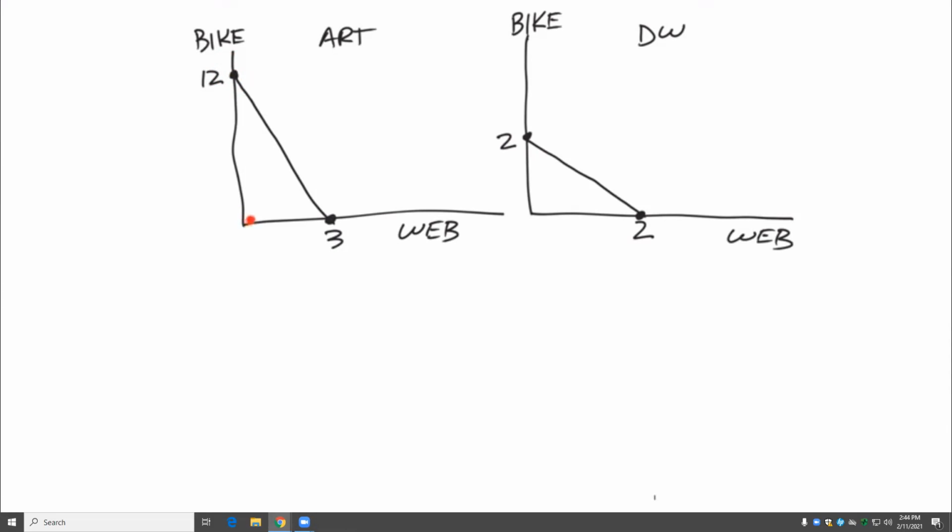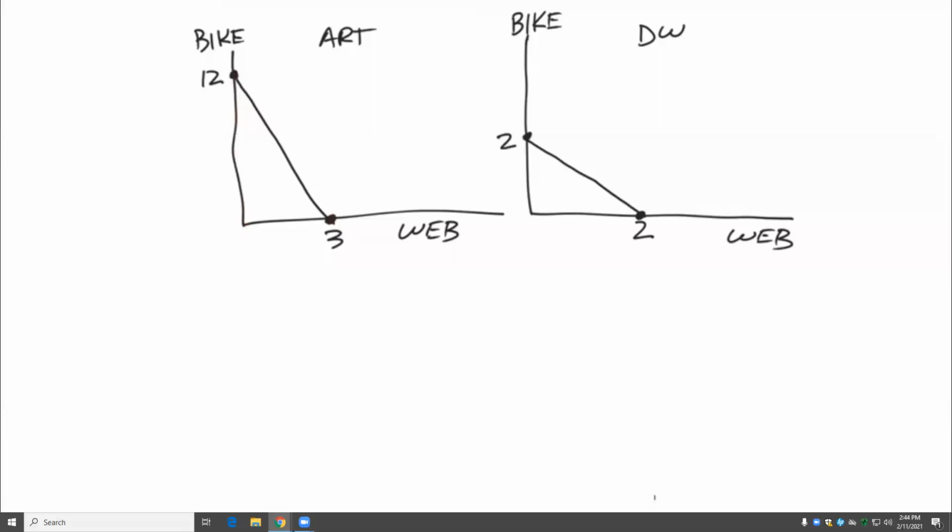Let's suppose he increases output from 0 web pages to 3 web pages. What's he going to have to give up to get those 3 web pages? Well, he's going to have to give up 12 bike repairs. So going from 0 to 3 web pages results in going from 12 to 0 bike repairs.